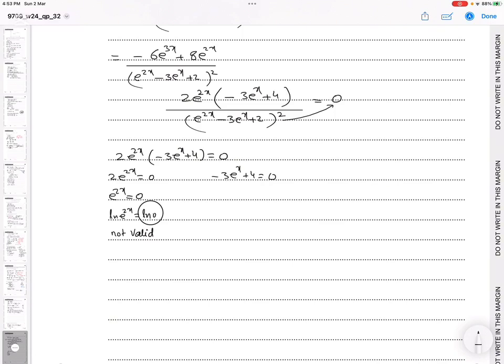Now work with this one. Minus 3e^x equals minus 4. So 3e^x is equal to 4, and e^x is equal to 4/3.